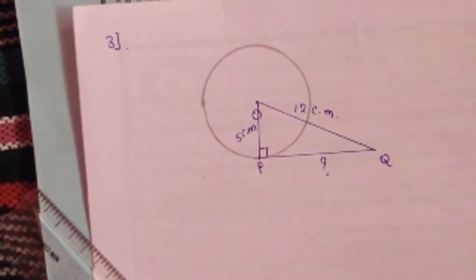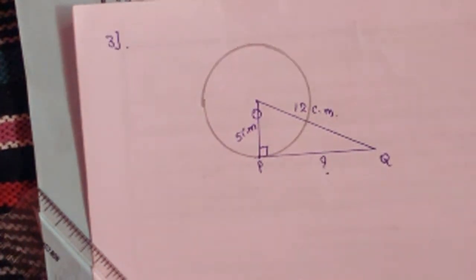According to the Pythagoras theorem, the square of the hypotenuse is equal to the sum of the squares of the remaining 2 sides of the triangle.